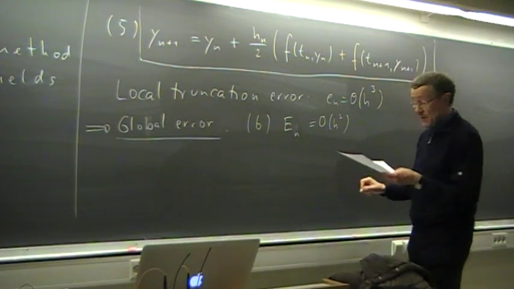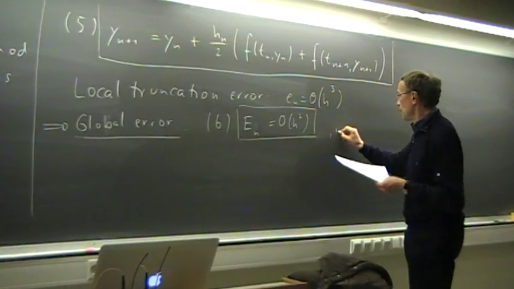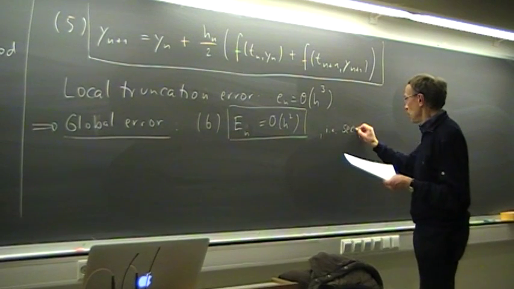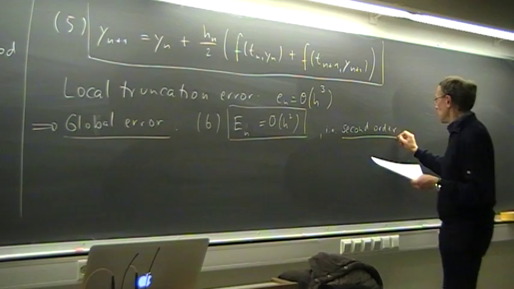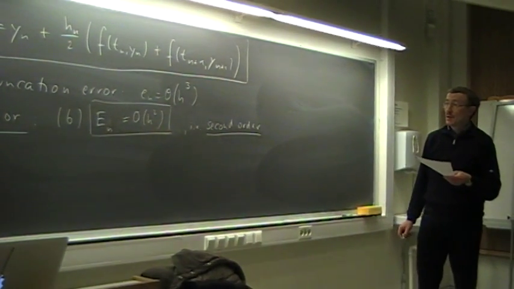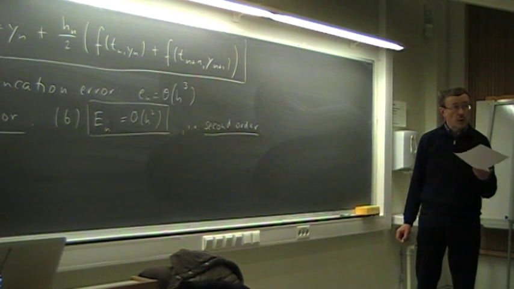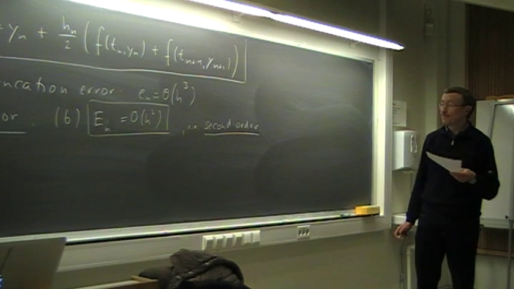So that means it's a second order method. So that's the improvement with this method. It is more accurate than both the explicit and the implicit Euler method.